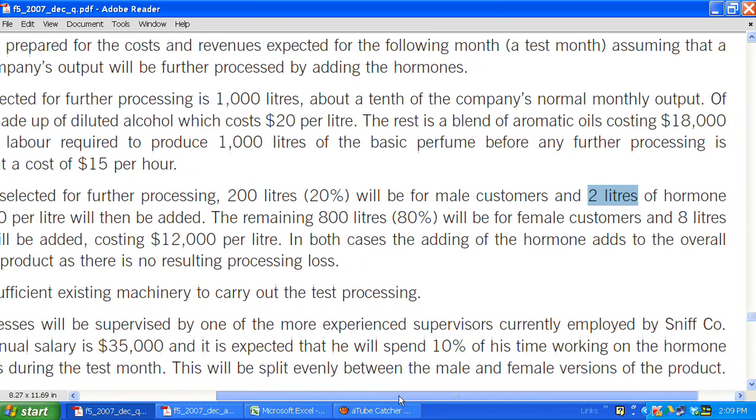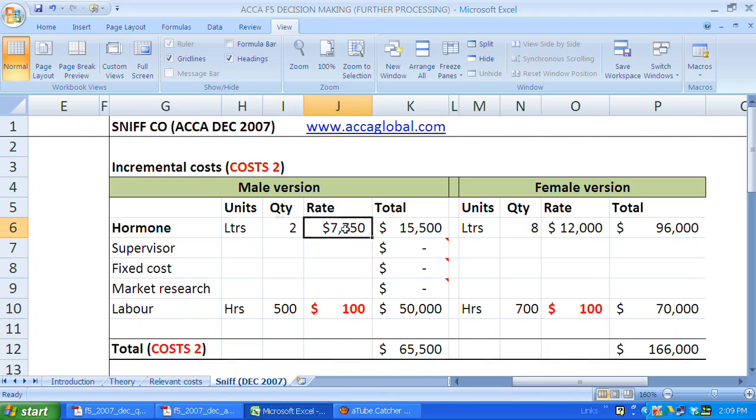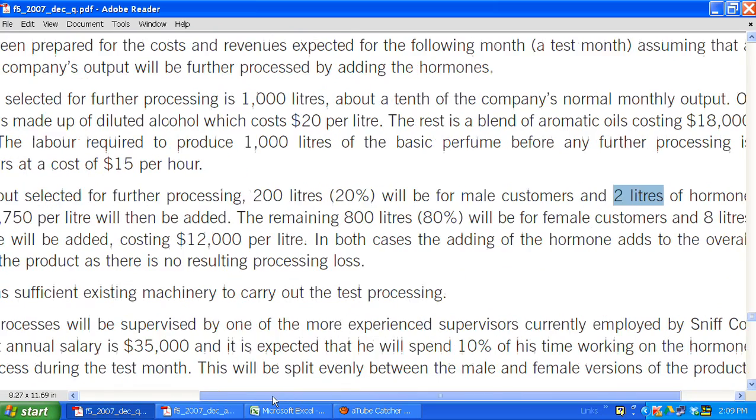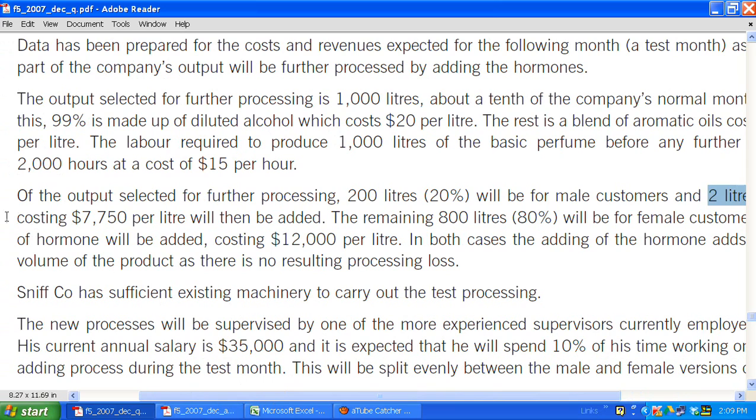Costing 750. Where am I getting 750? So we're adding 2 liters of hormone to the male portion.